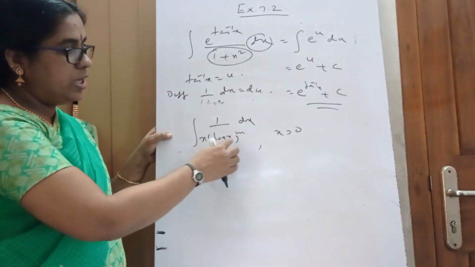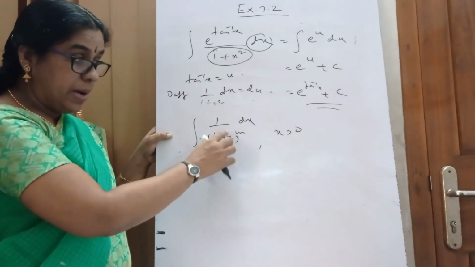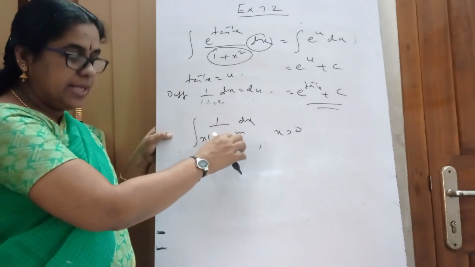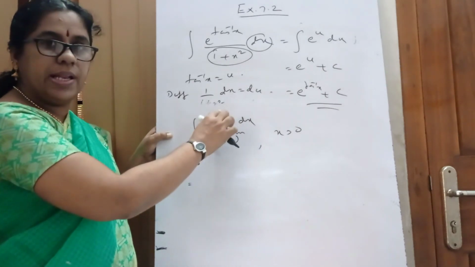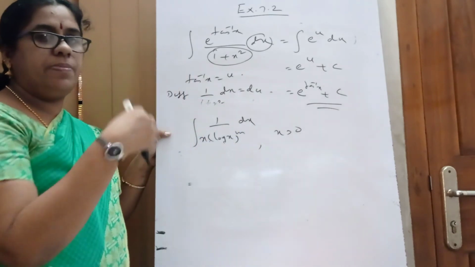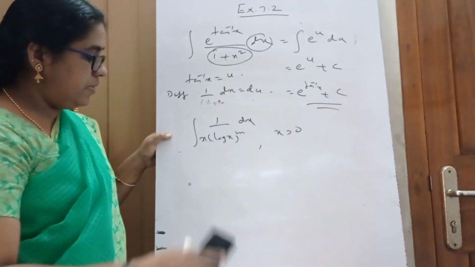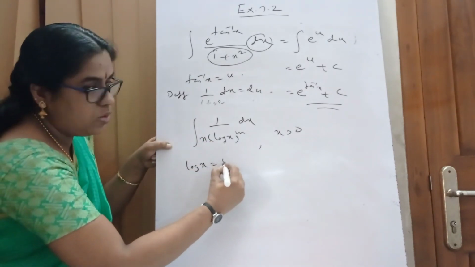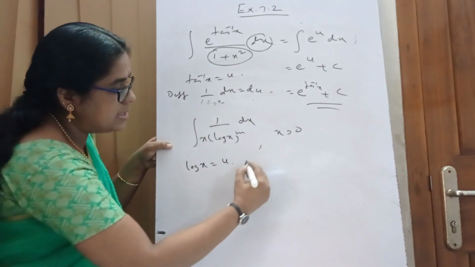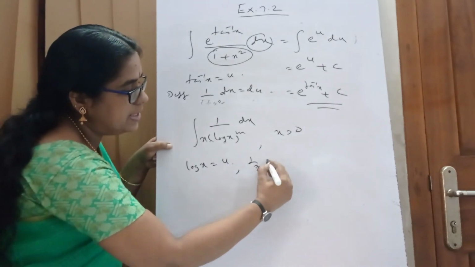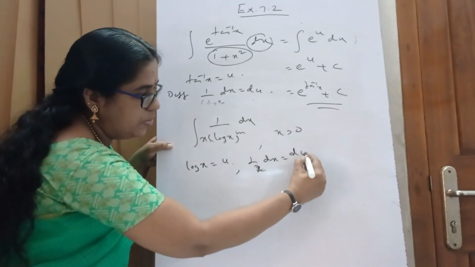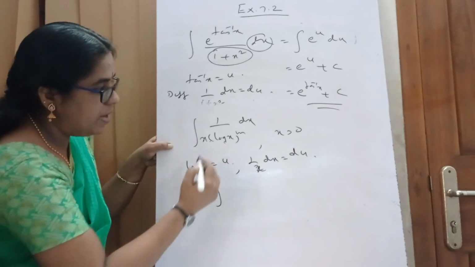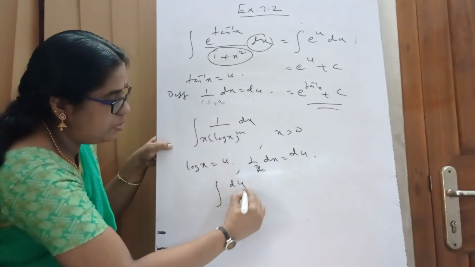We can apply the formula. Put log x equal to u, so 1 by x dx becomes du.